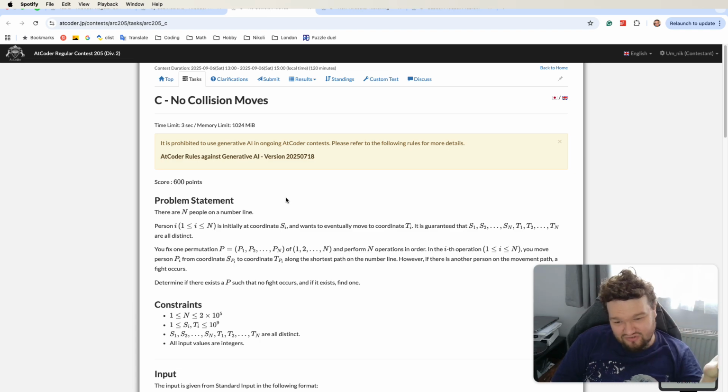If that's not true, it's certainly impossible. If it is true, it should be possible, right? There always should be a move that doesn't break anything.